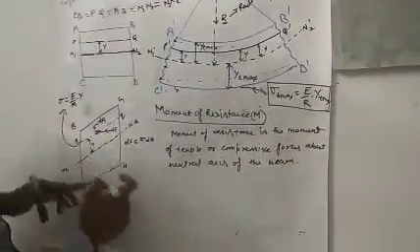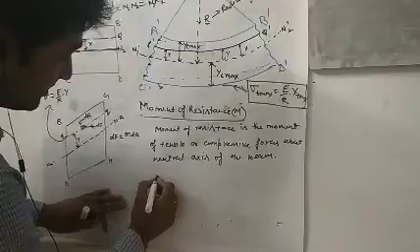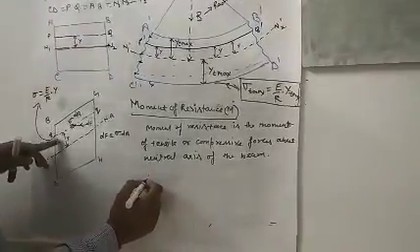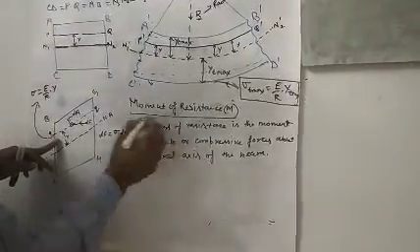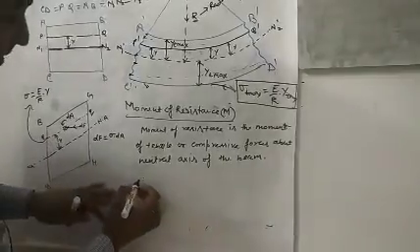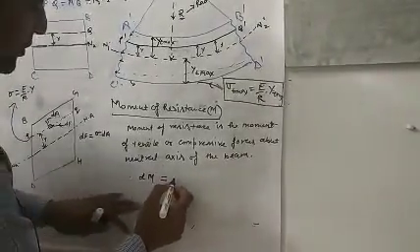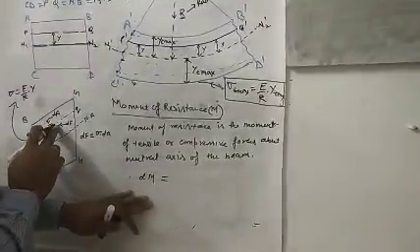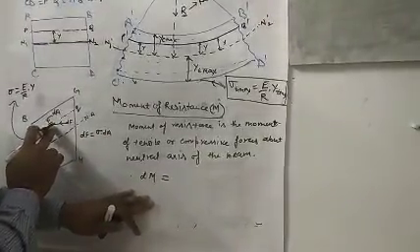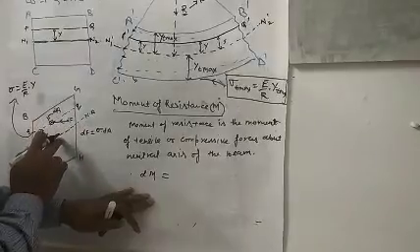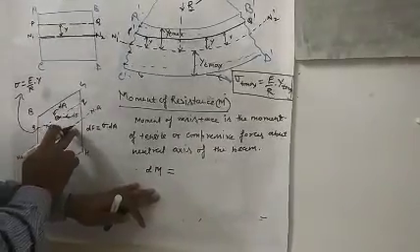For this condition, moment of resistance for this layer will be dM, and it will be equal to the moment of this force dF about the neutral axis, right?